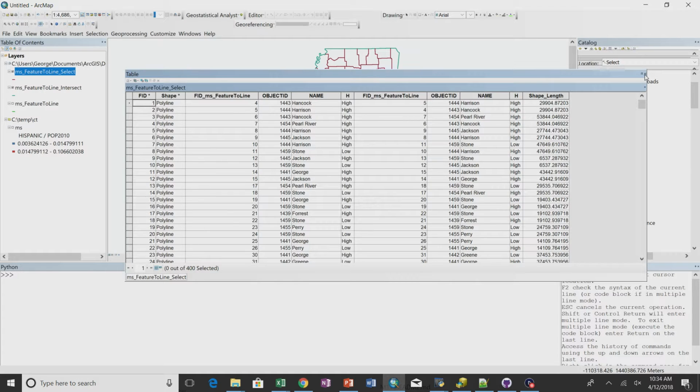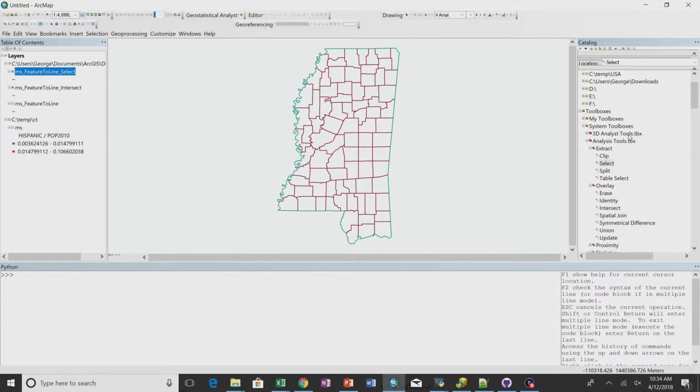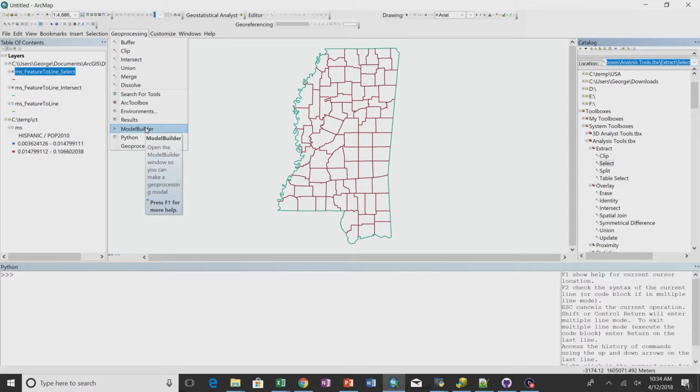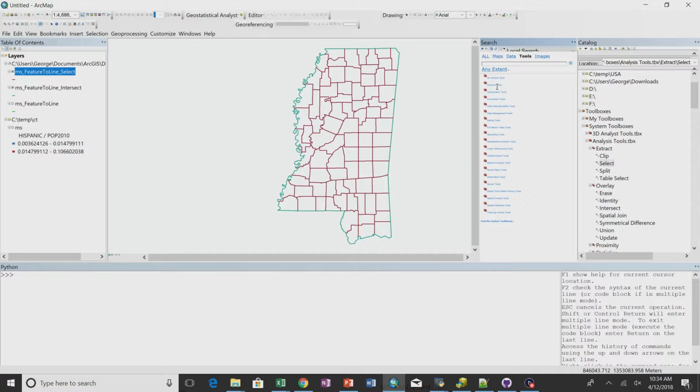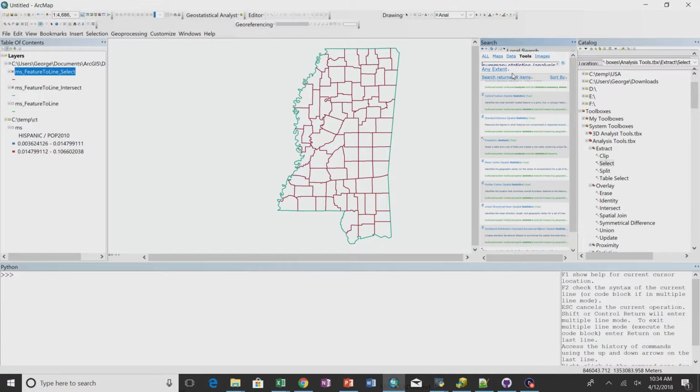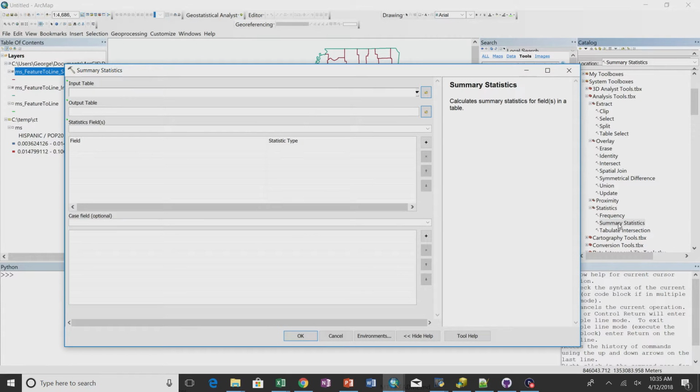What we need to do to make table 15.3 is what we call a dissolve, or if we don't really care about the geometry, which we don't, we can simply do a summary statistics. Summary statistics is the same thing as a dissolve, but it ignores the geometry. It just creates a table.